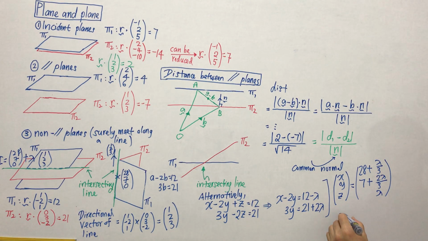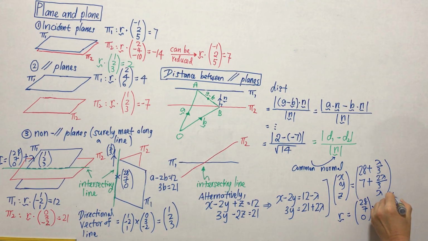So this gives you an equation of a line which looks like this: 28, 7, 0 plus lambda of 1/3, 2/3, and 1. So this offers you another way to find the equation of the intersecting line.